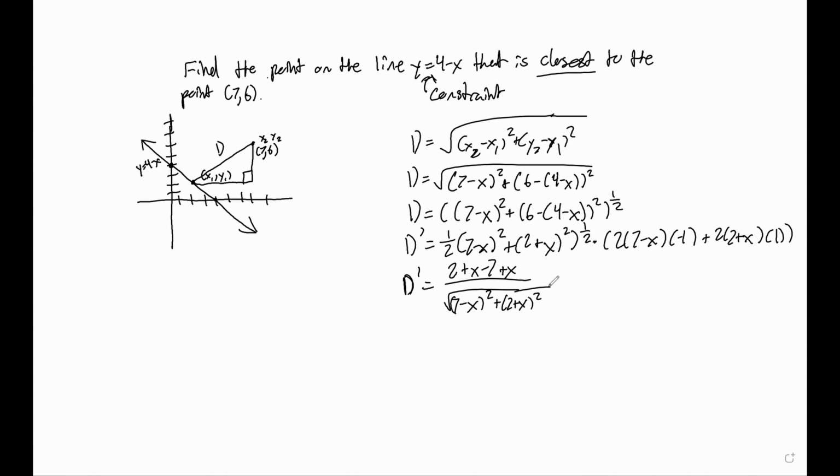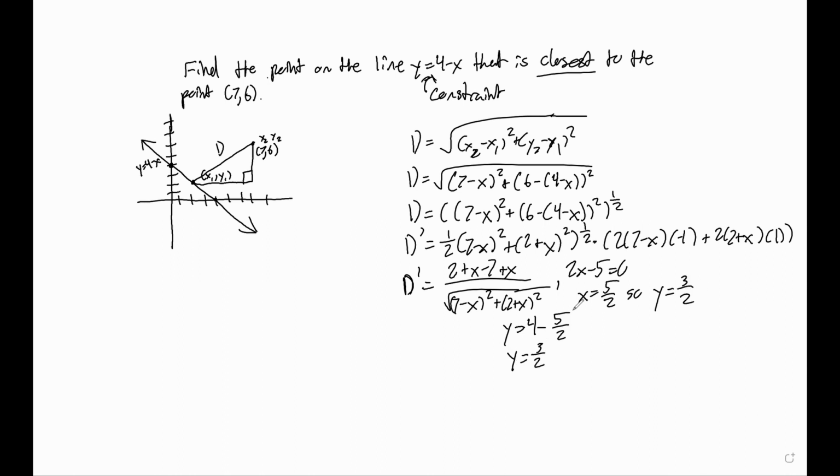Awesome. So now that we have this, let us set this equal to 0. So we get 2x minus 5 is equal to 0, which means that x is equal to 5 over 2. And so when we plug that back into y equals 4 minus x, which we know is 5 over 2, we get y is equal to 3/2.